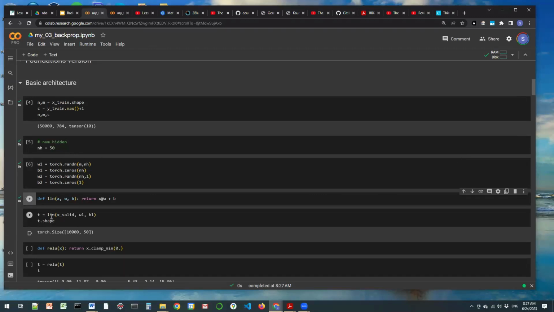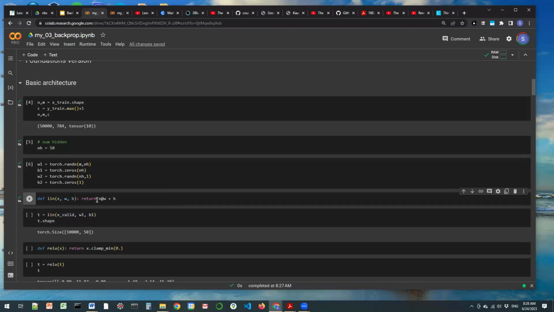So if we then use this definition that we have defined ourselves of a linear unit to be X matrix multiplied by W and add B, and we use X valid, remember that is 10,000 by 784, and we use W1 and B1, then, and these are the kinds of things that you should play with yourself, given that this is 10,000 by 784, this will be 784 by 50, and this is 50.